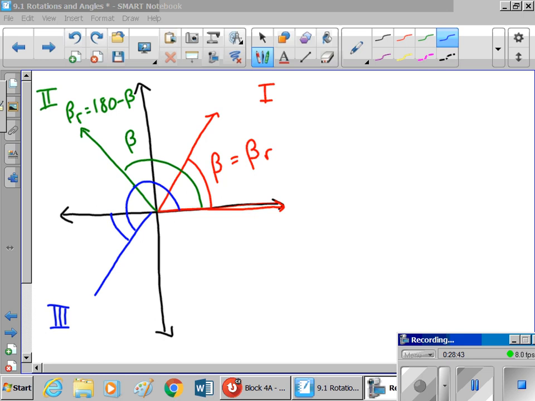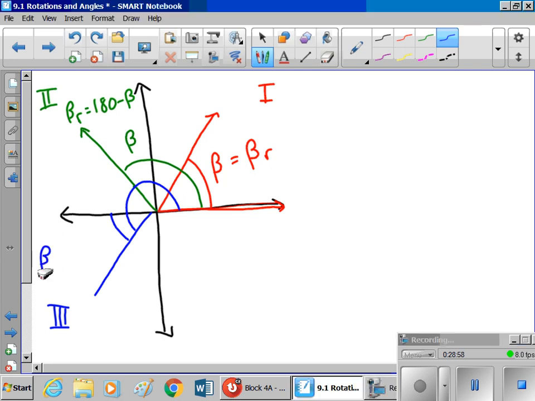Well, basically, it's the difference between our angle beta, which is this whole big circle, minus the first half of the circle, right? So minus 180. So here, instead of having 180 minus beta, we have beta r equals beta minus 180. So sort of like the opposite of what we have in 2.